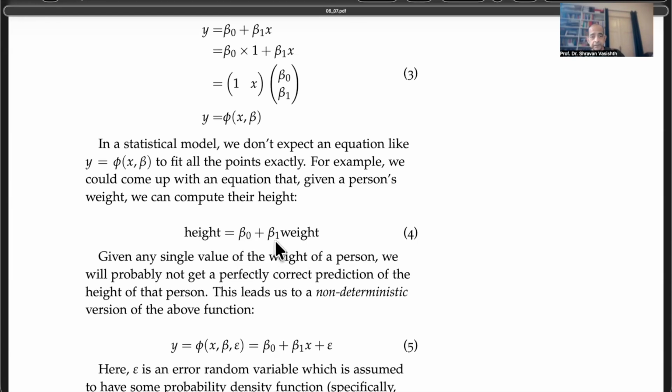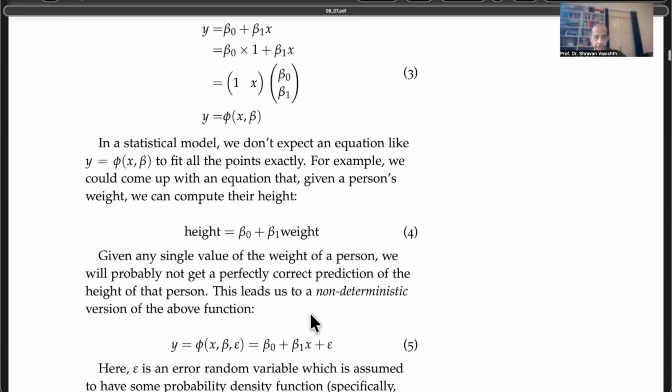But what will happen is, for, let's say, weight, what is my weight? 57.4, okay? So I plug in 57.4, and this model should predict my height, but it's not going to get my height exactly right. It's going to have some deviation, because there will be some random variation, right?